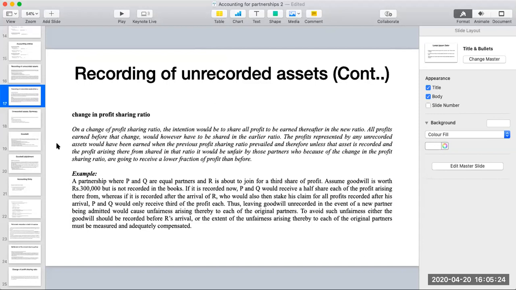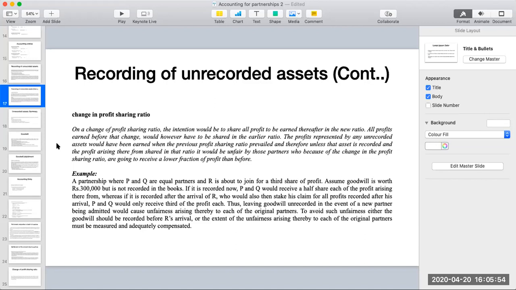Assume goodwill is worth 300,000 but is not recorded in the books. If it is recorded now, P and Q would receive a half share of the profit arising therefrom. Whereas if it is recorded after the arrival of R, who would also stake his claim for all profits recorded after his arrival, P and Q would only receive 1/3 of the profit.